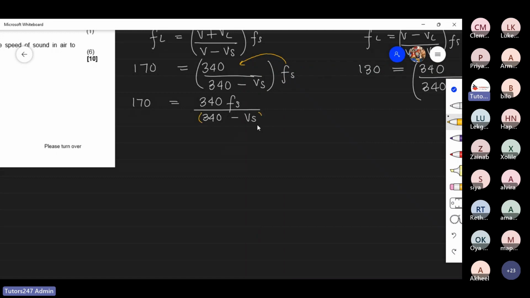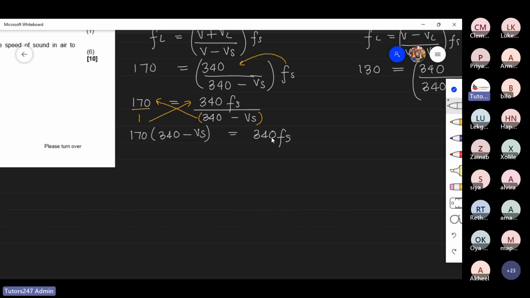So this represents one thing. I'm going to multiply that with my 170, and we know that 170 is just over 1. So I'm going to multiply that with the right side. That is then going to give me 170 into 340 minus Vs, which is then equal to 340 Fs.